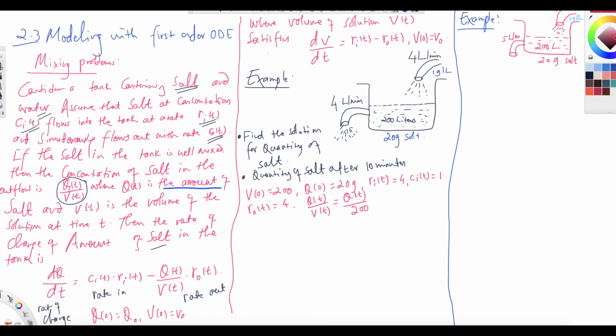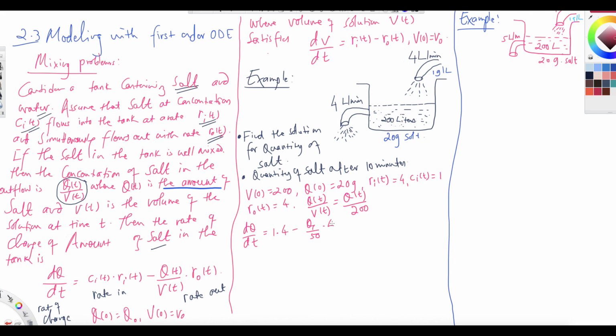Okay, guys. So on this problem, we want to use this formula to find the solution. What you get is dQ/dt equals C_I, which is 1, times 4, minus Q over 200 times R_O, which is 4.